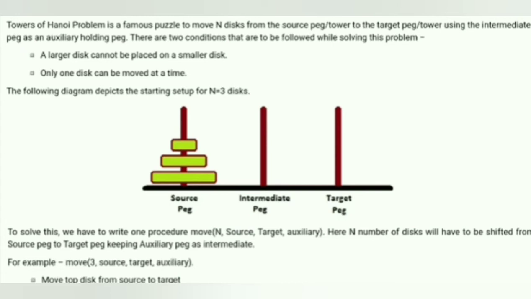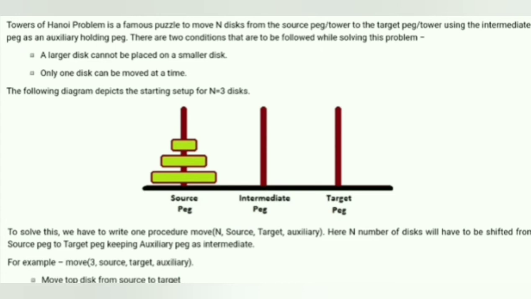So move n number of disks from the source to the target, keeping the other peg, that is the intermediate, as the auxiliary one. So if we execute our program with n equal to 3, so move 3 source target intermediate, then these are the moves that will be suggested by our program.